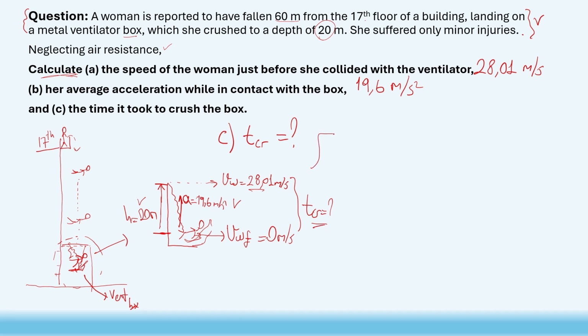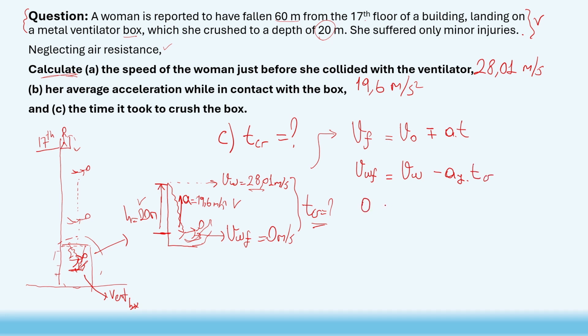To find the time value, I need to use the formula that includes time from the motion formulas. The equation of motion I will use is as follows. Final velocity is equal to initial velocity plus or minus acceleration times time. If I adjust this formula according to this event, the woman's final velocity is equal to the woman's initial velocity minus acceleration in the y direction times crush time.